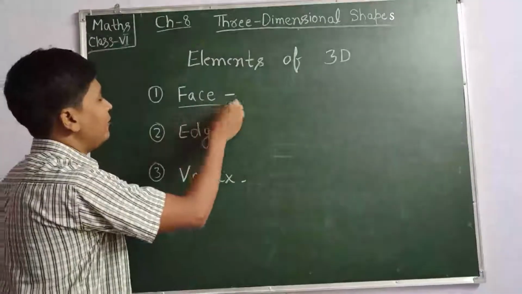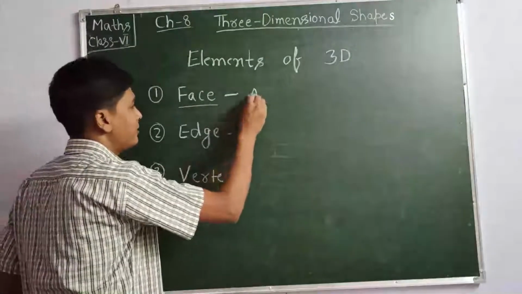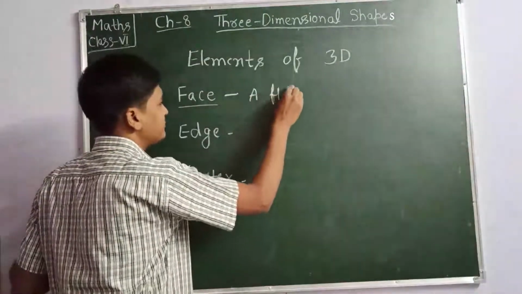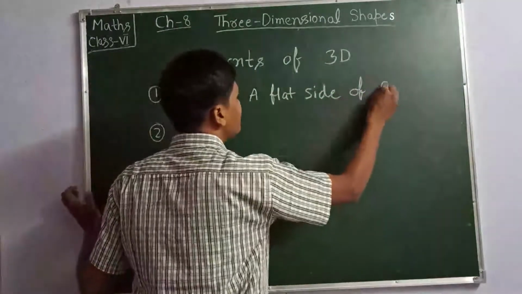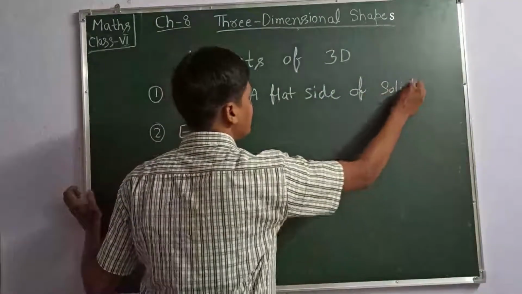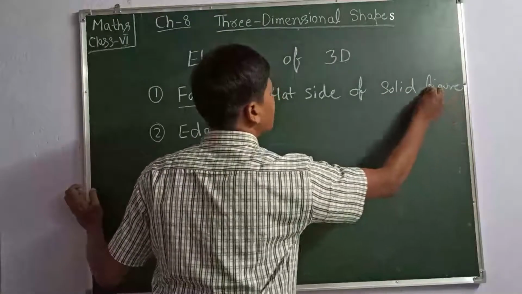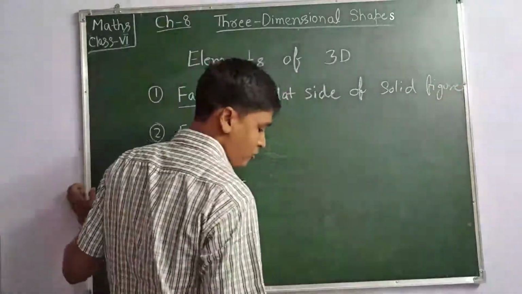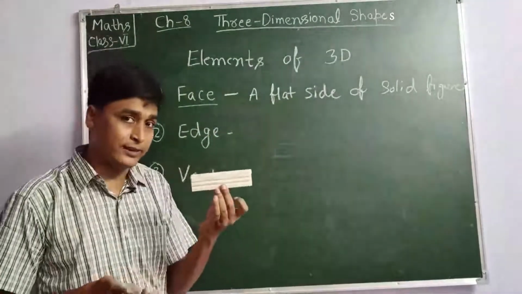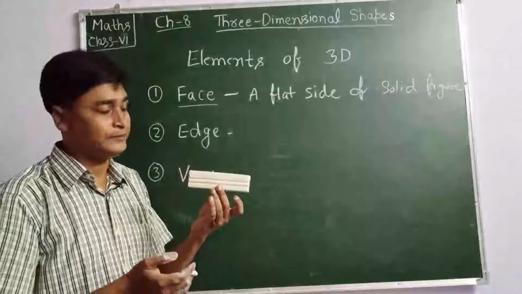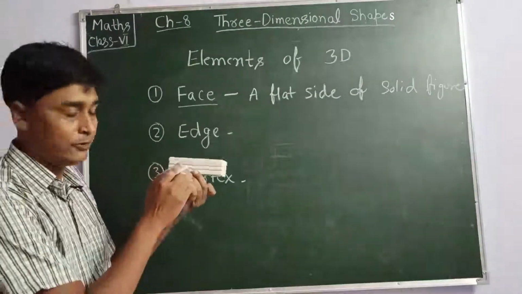A face is a flat side of a solid figure. Example: this is a cuboid, right? So how many faces are here? Face means which you can see. Let me count.